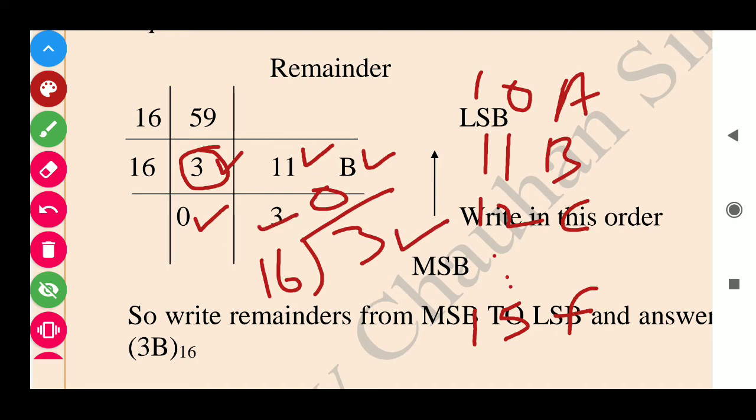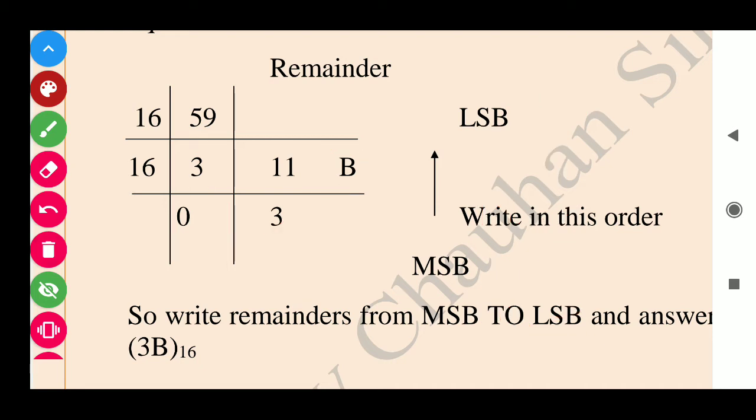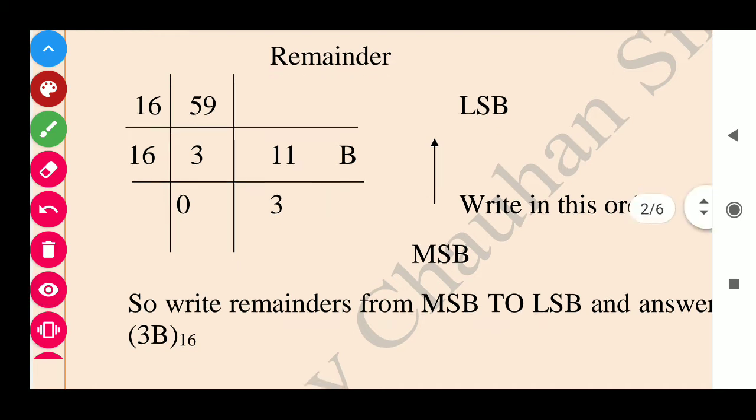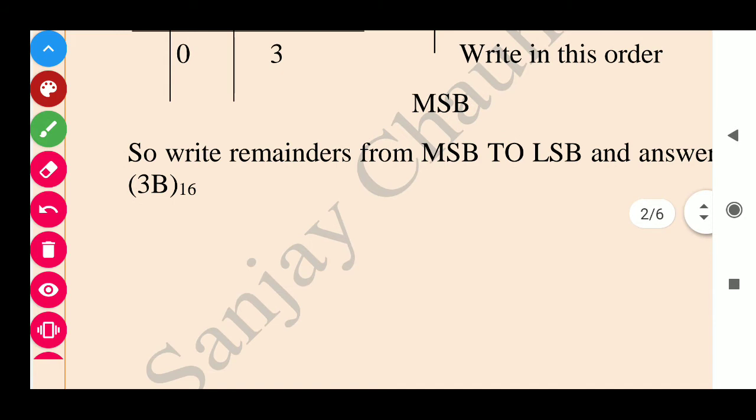After this you just write down your answer from MSB to LSB, means from lower to upwards. So your answer is 3B base 16. Understood? So this is the method to convert your decimal number to hexadecimal number.